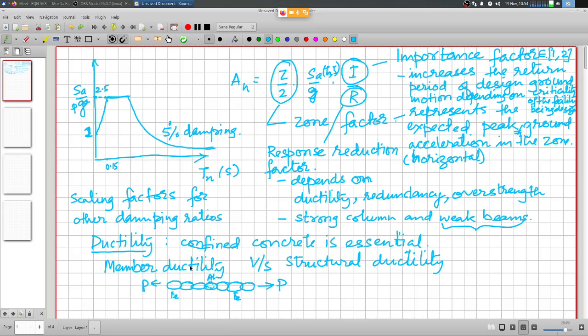Right? Or let's say this material, this particular link is highly ductile compared to the other links.